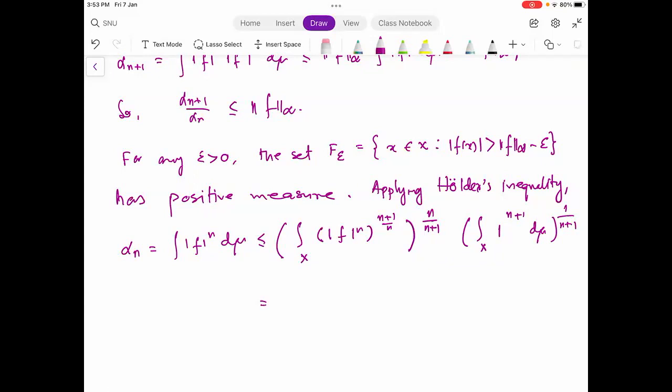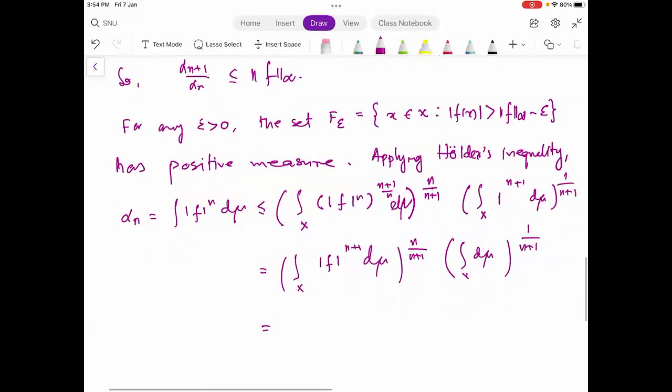Well, of course, this is equal to integral over x mod f to the power n plus 1 d mu, oh, there is a d mu here, to the power n by n plus 1, integral d mu. So that is alpha n plus 1, right? The thing inside the bracket. But then I have mu x to the power 1 by n plus 1.